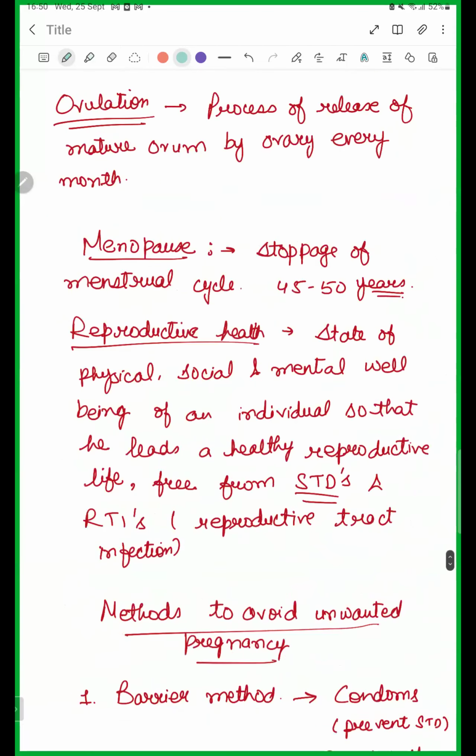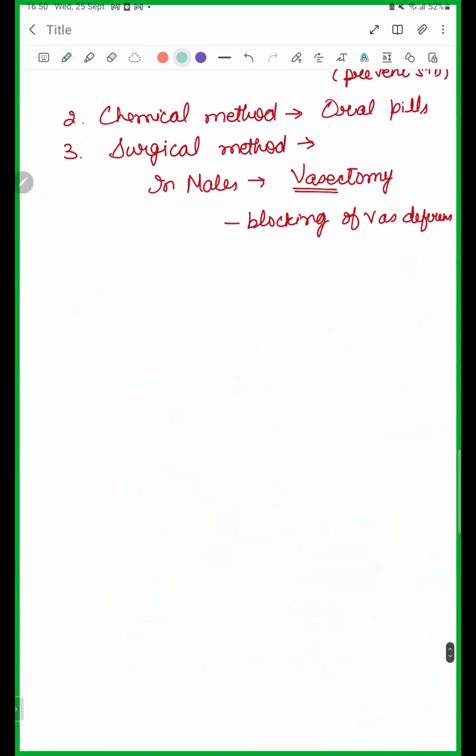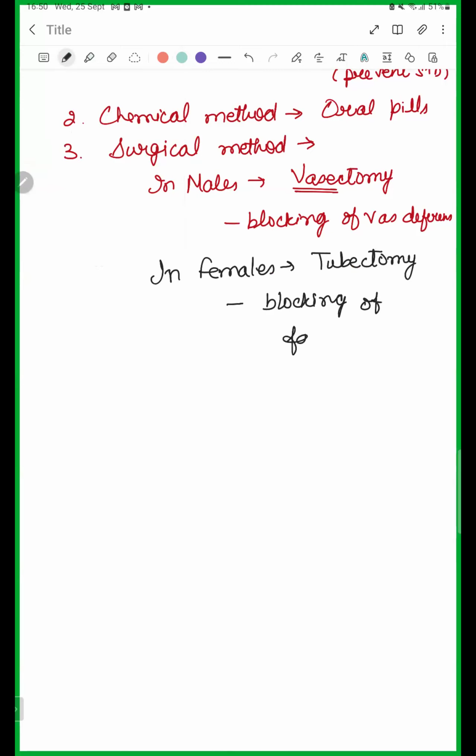Second, in females, what could be done? Under the surgical method in females, the fallopian tube is there, if you remember. So in females, it is tubectomy. Tubectomy is the blocking surgery of the fallopian tube, or the oviduct.